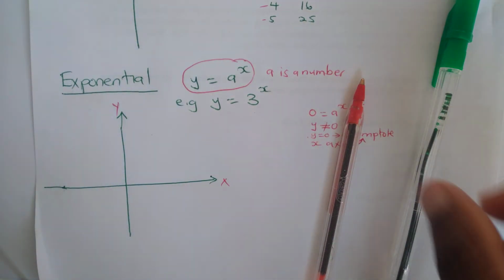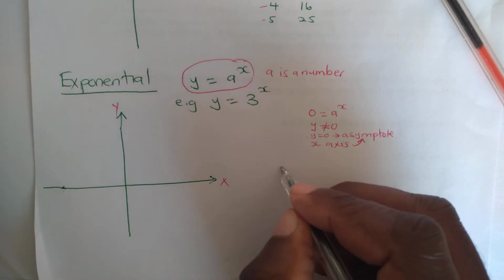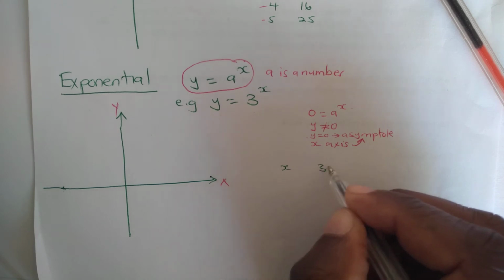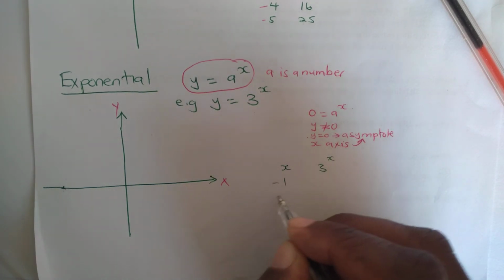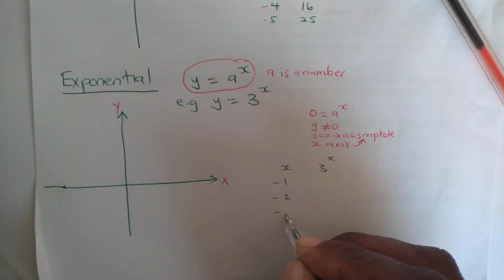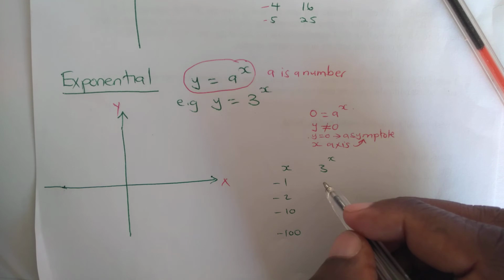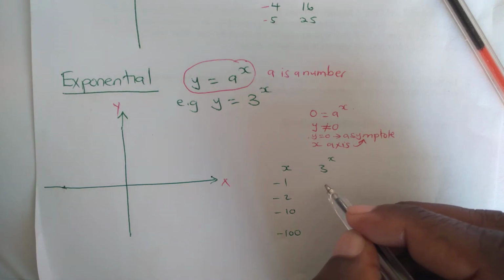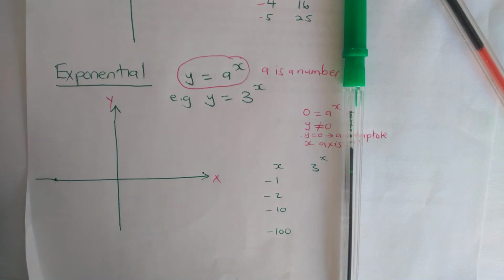Now, what happens if values of x are negative? So you've got 3 to the power x, but x is negative. So x is negative 1, negative 2, negative 10, negative 100. These values are going to rapidly decrease.